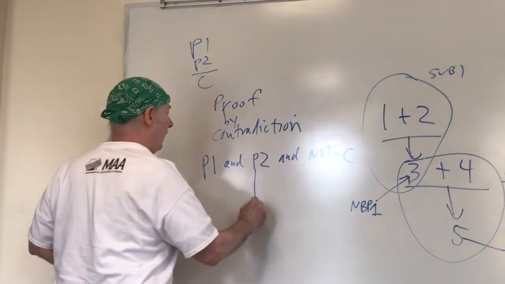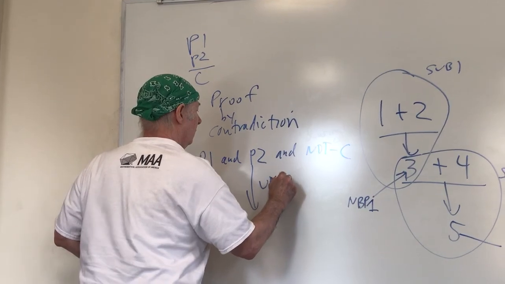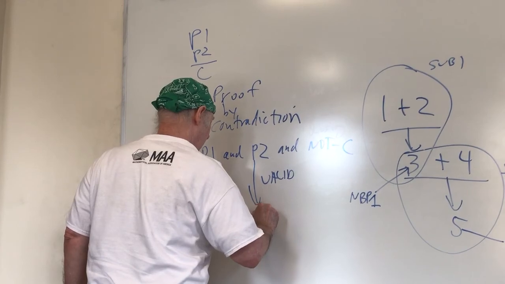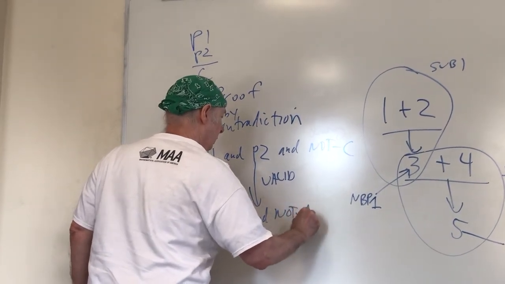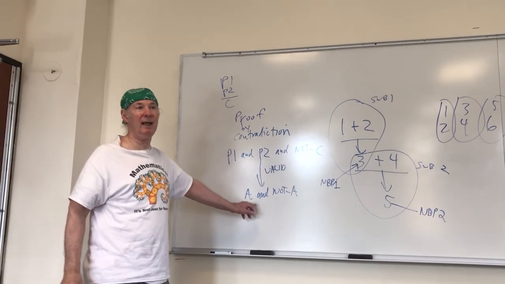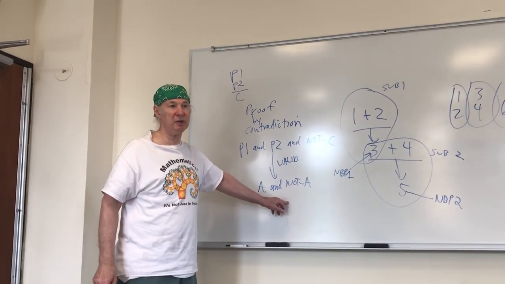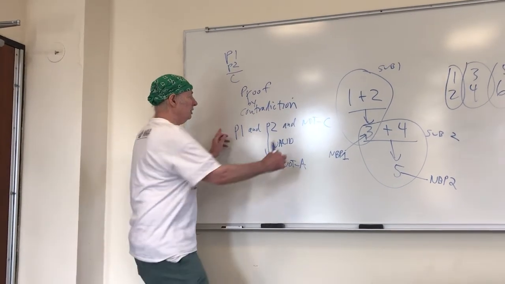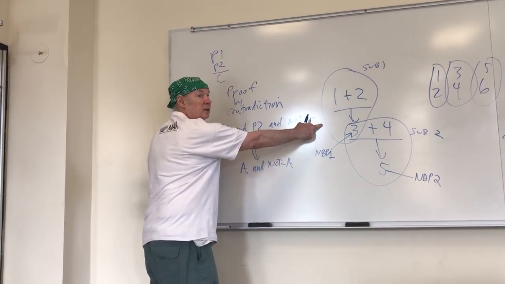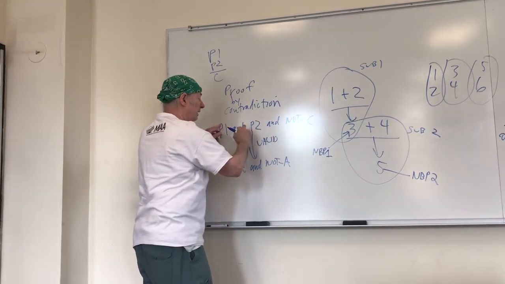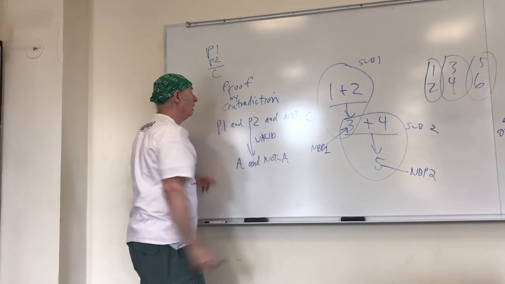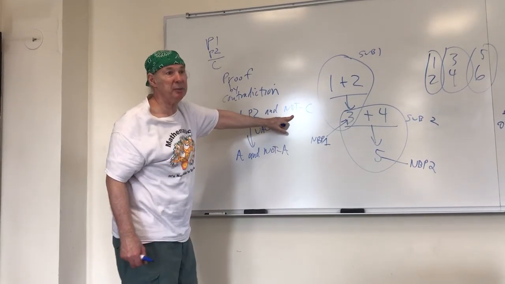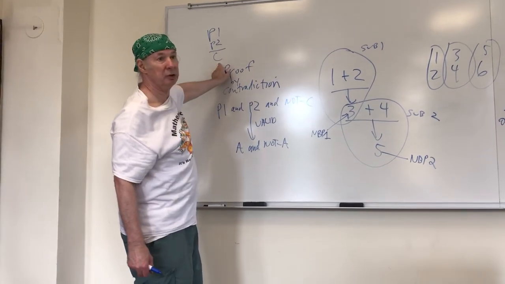And you try to validly infer a contradiction, which is a sentence of the form A and not A, which is false no matter what. And so if this validly follows from that augmented set of premises, then there must be at least one sentence in here that's false. So if you know your premises are true in your original argument, then that must be false, therefore your conclusion must be true.